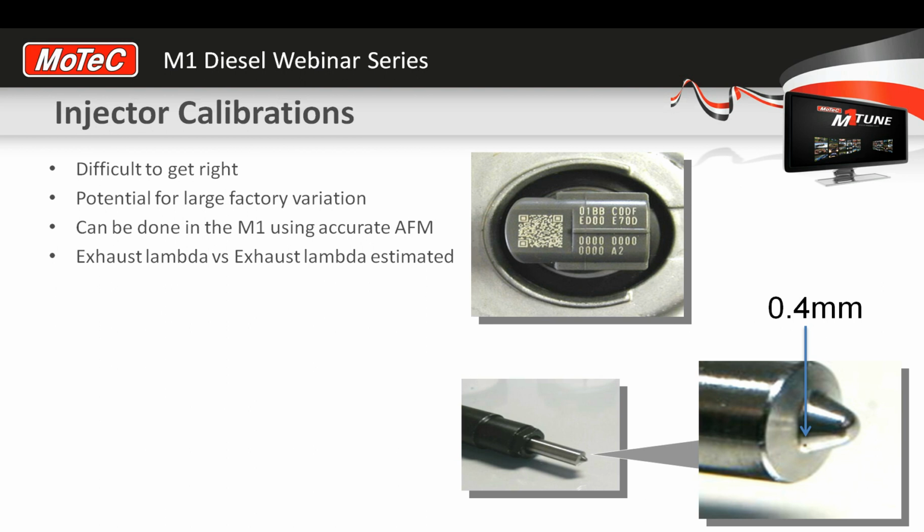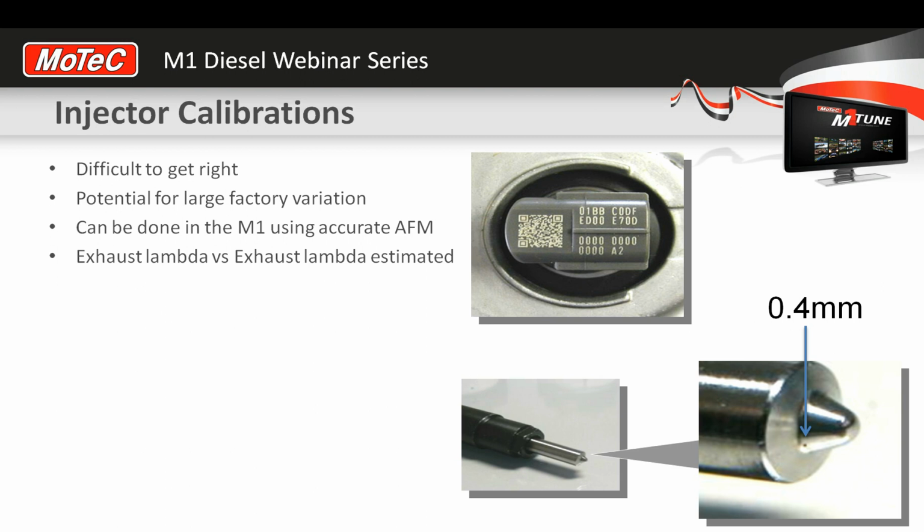So it's no longer like a petrol engine, where we can take a brand new 363 Bosch injector or an ID1000 injector from Injector Dynamics and calibrate that on our bench, and have that within 5% of any injector produced over the next 200,000 injectors that people buy of those petrol injectors.